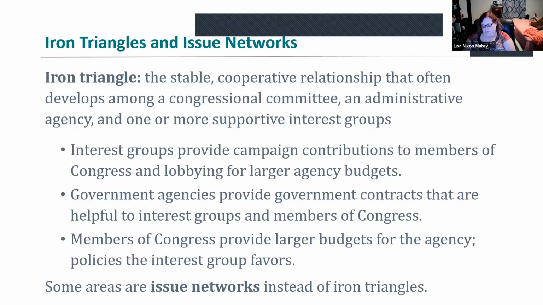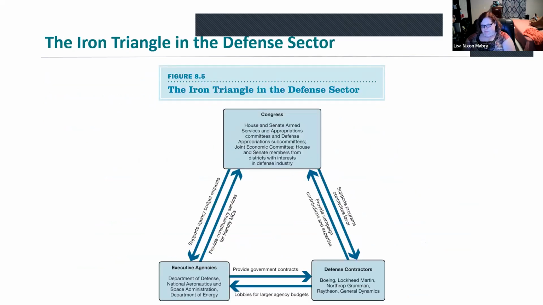So let's see if your book has an example of that. It doesn't. But your book does say that both the iron triangle and issue networks can coexist. Some issue networks have iron triangles at their core.